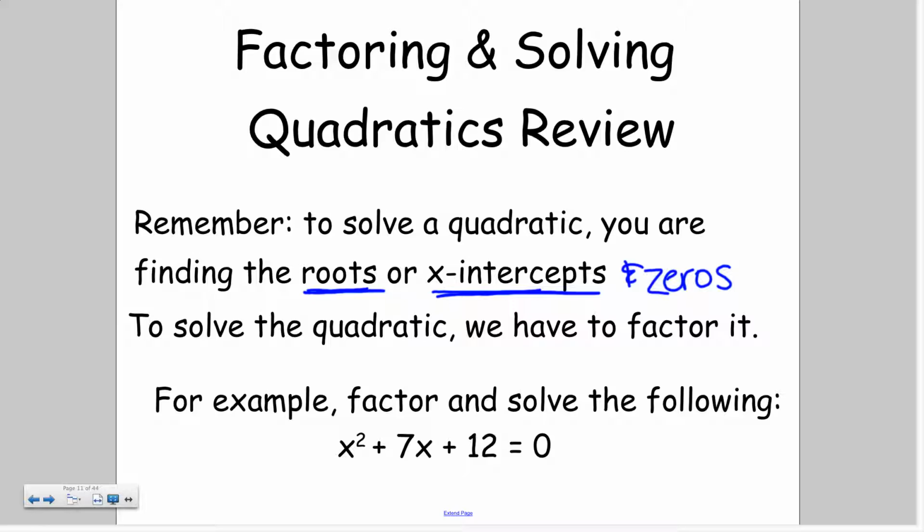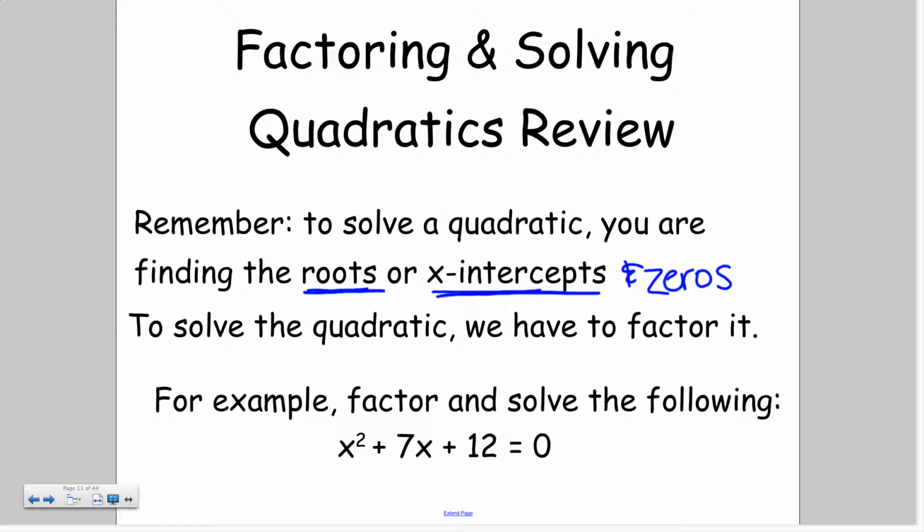That means that when we are solving a quadratic, we are finding where they cross the x-axis. So we're finding their x-intercepts, or it's also referred to as their zeros or their roots. So from here on out, or even further in other units, when you hear one of those words, they all mean the same thing.